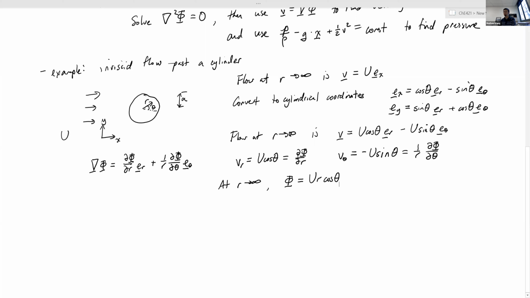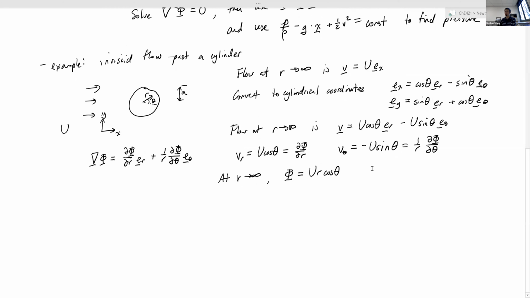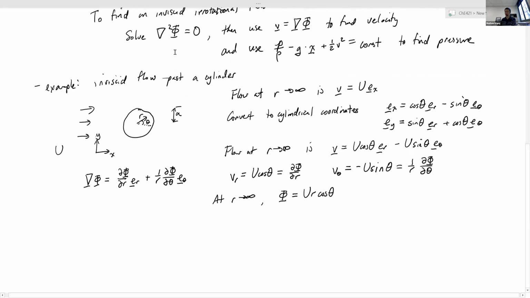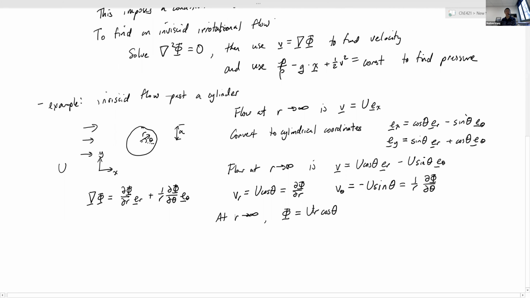Okay, the derivative of phi with respect to r is u cosine theta. Okay, and the derivative of phi with respect to theta is minus U R sine theta, but then you divide by the r, and so you get minus U sine theta. Okay. This is sort of like a boundary condition that you could think of for what our velocity potential has to be. Remember, this is the original equation that we have, right? And this you could think about as some sort of boundary condition.